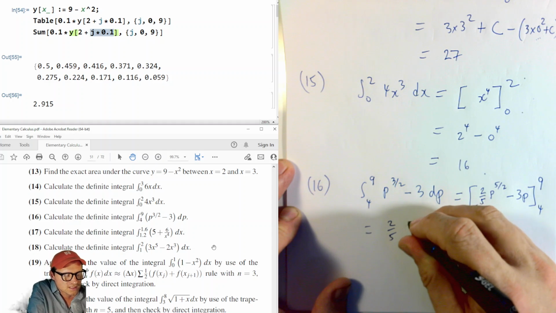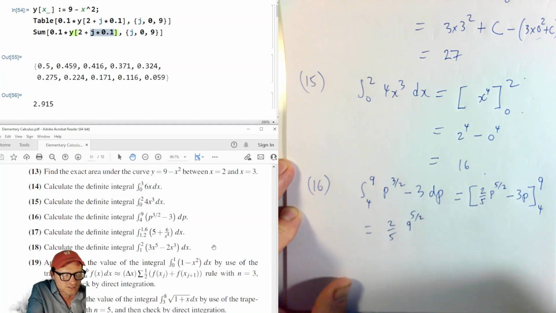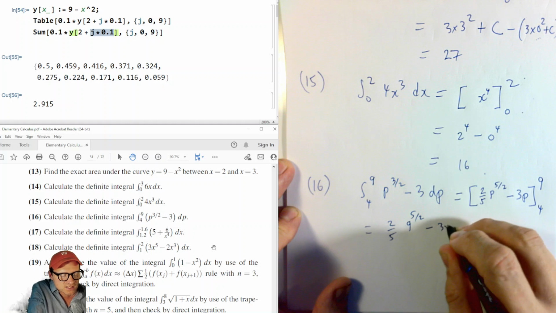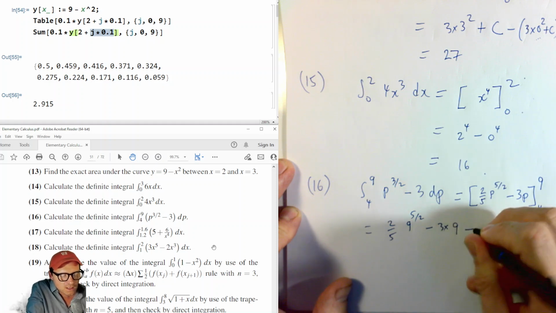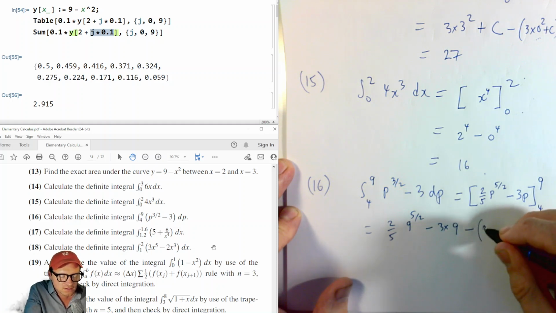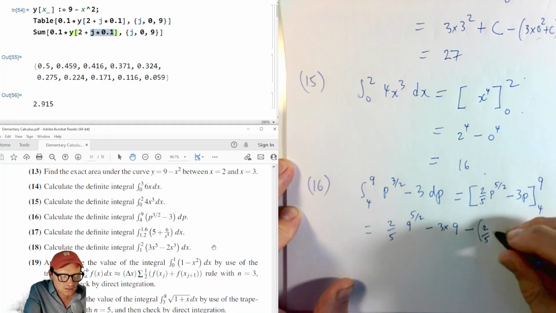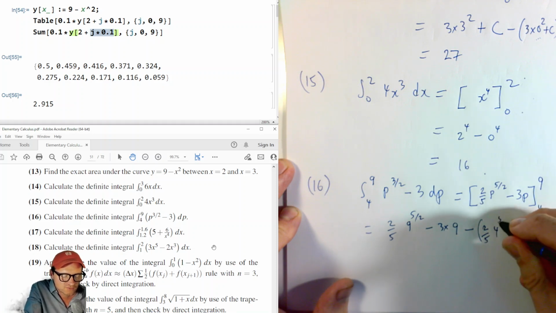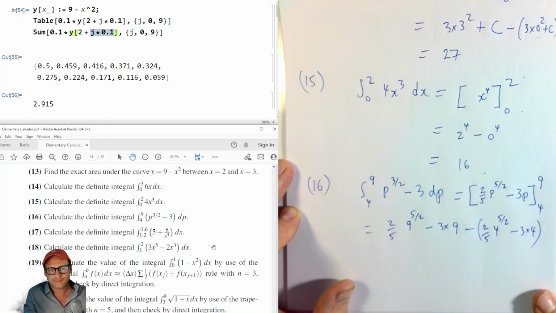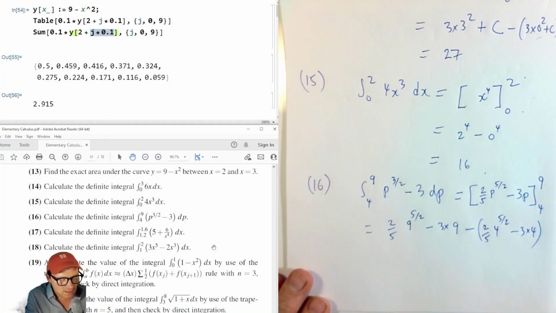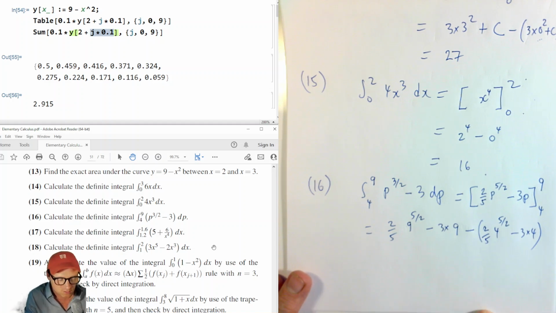So this is 9 to the power of 5/2, minus 3 times 9. And then we subtract 2/5, 4 to the power of 5/2, minus 3 times 4. All right, simplifying, 9 to the power of 1/2 is the square root of 9, which is 3.